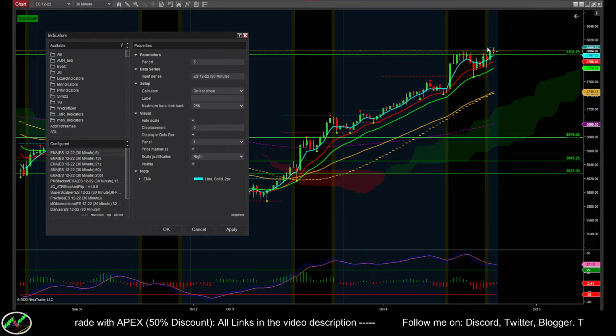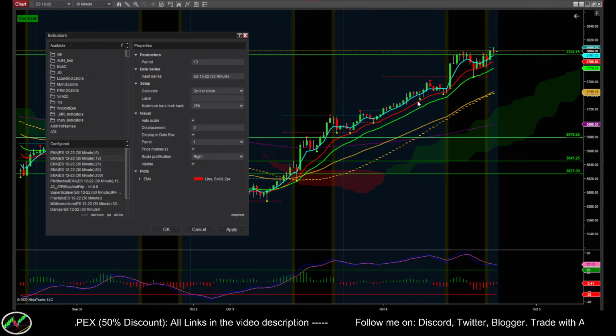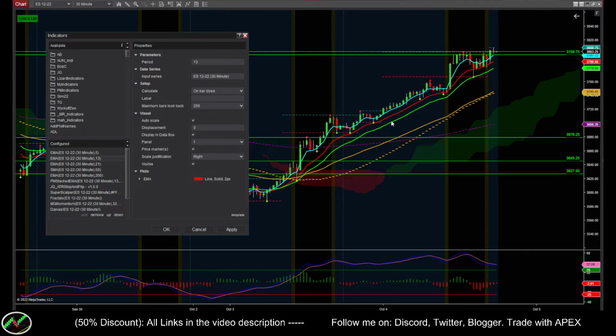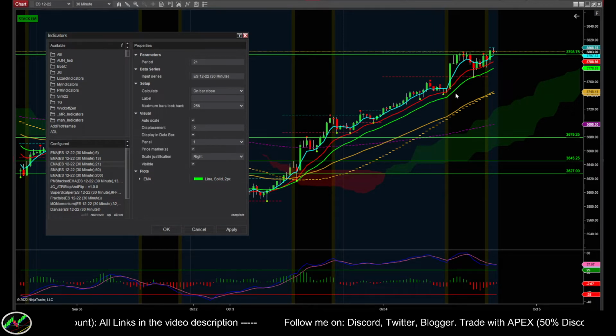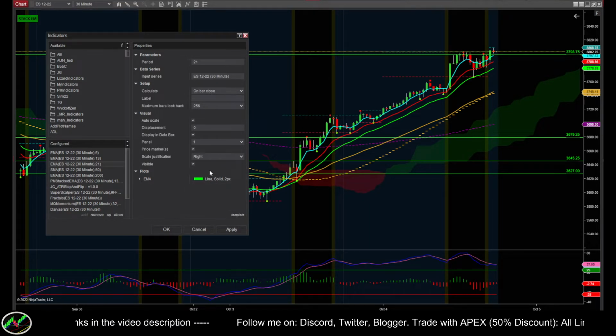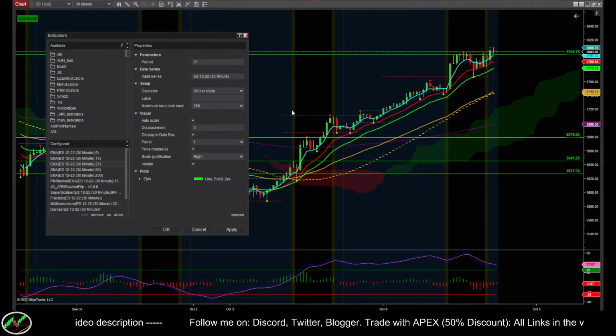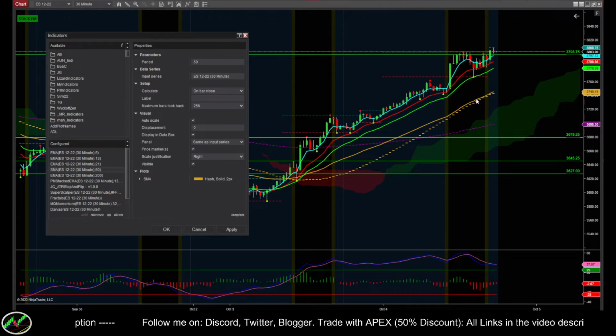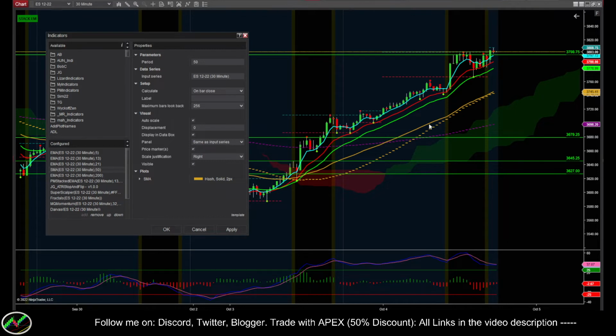Then the red one would be the 13. The green one, I'm going to open it here, is called lime. This one is going to be the 21 EMA. And then the yellow is this one here, which is the 50 SMA.